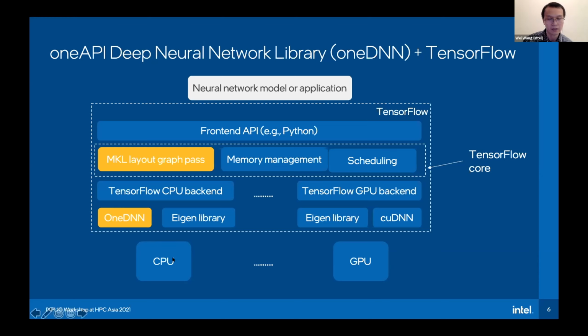This picture is showing the stack. On top of the CPUs, we have the oneDNN library. By default, within Google, it's the Eigen library. So it's basically an alternative to that. oneDNN is customized for Intel architectures.